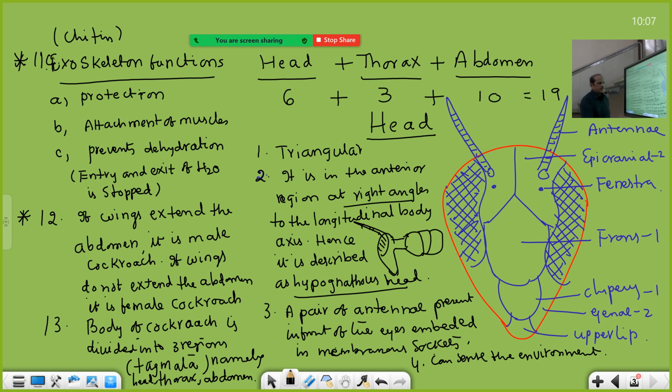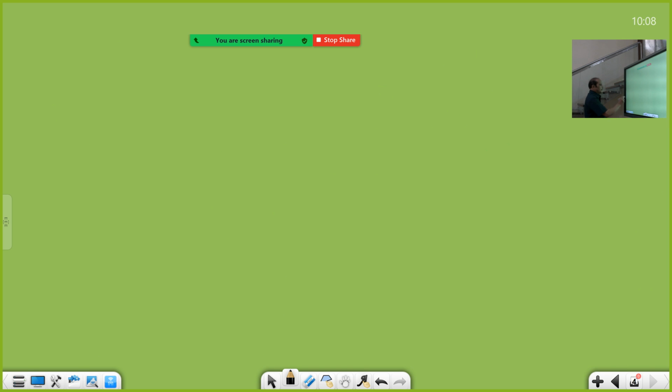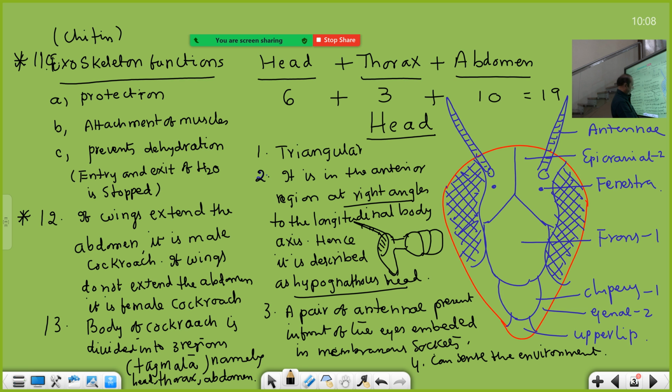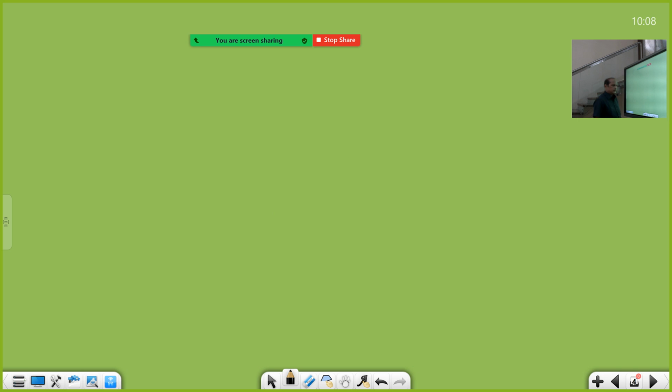This is particularly the head region of the cockroach. So a pair of antennae are present, and also head also contains compound eyes.